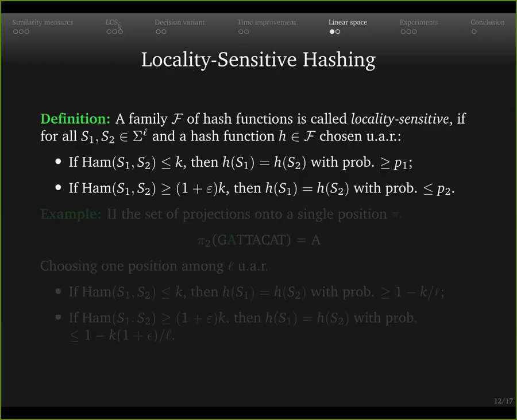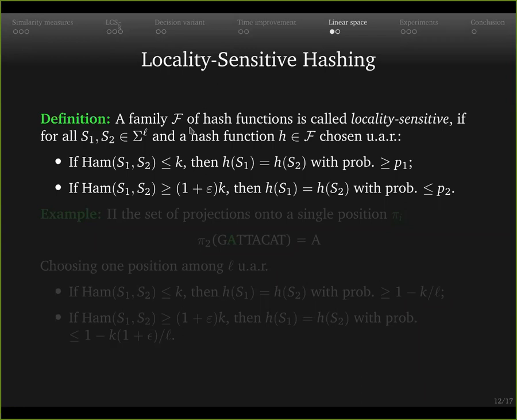So I'll now give the idea on how to have a linear space solution. And this is based on locality-sensitive hashing, which I've mentioned several times already, but haven't defined.